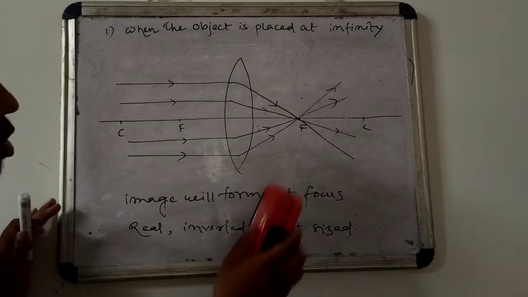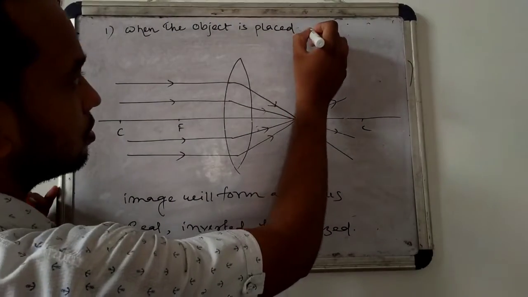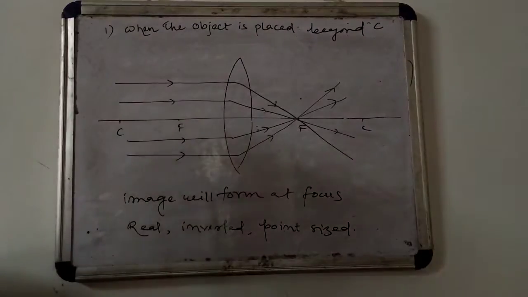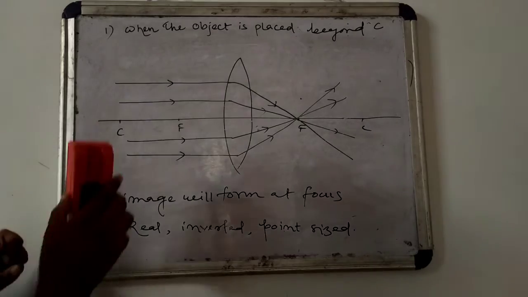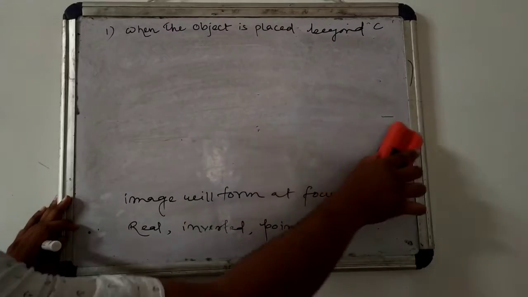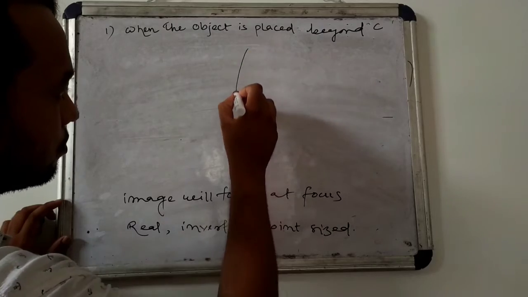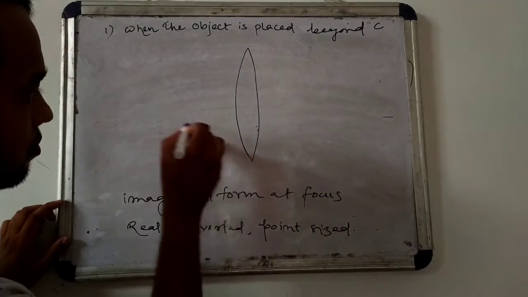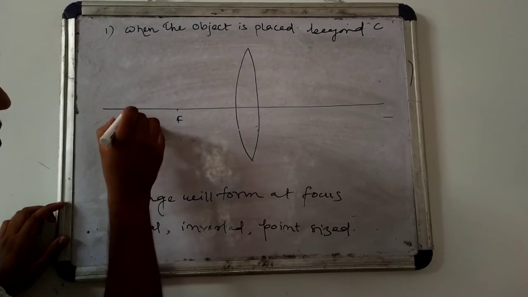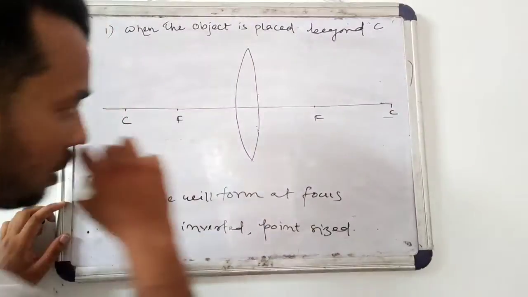So next, when the object is placed beyond C, beyond center of curvature. Focus, center of curvature, focus, center of curvature.